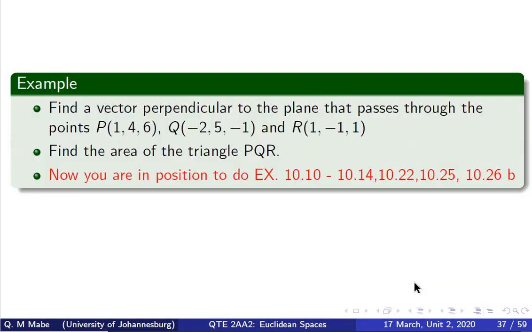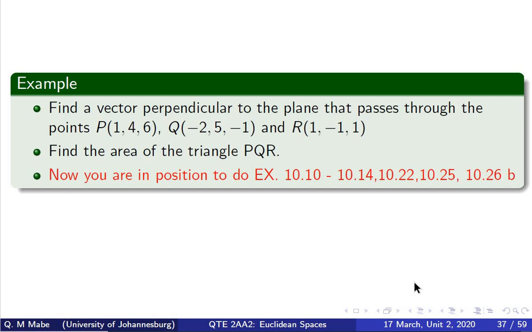So what we have here, we need to find a vector that is perpendicular to the plane that passes through points P, Q, and R, and we need to find the area of the triangle PQR.